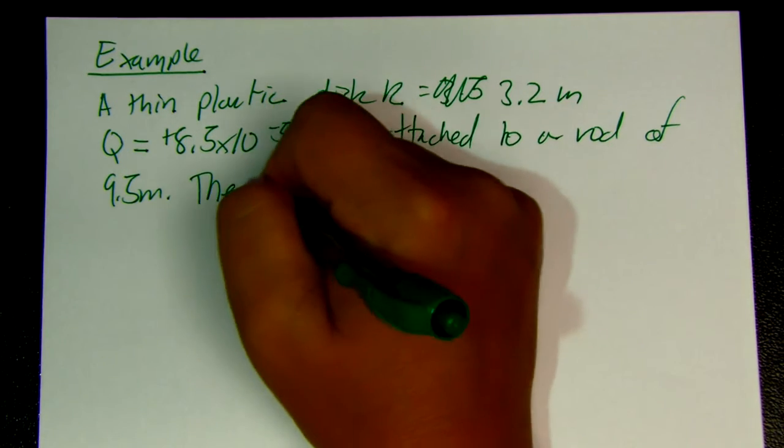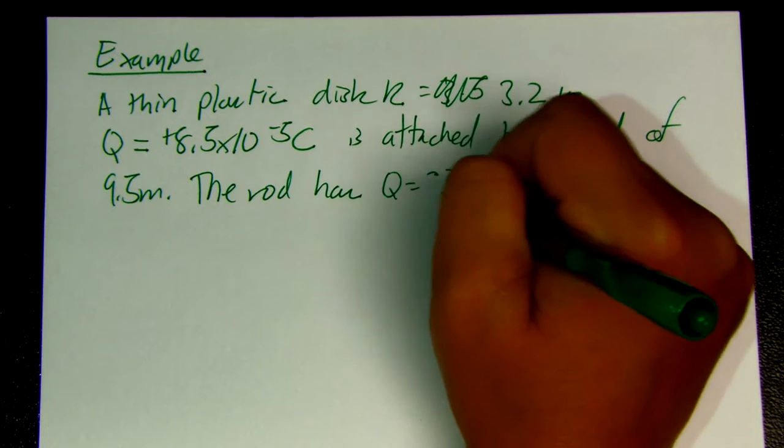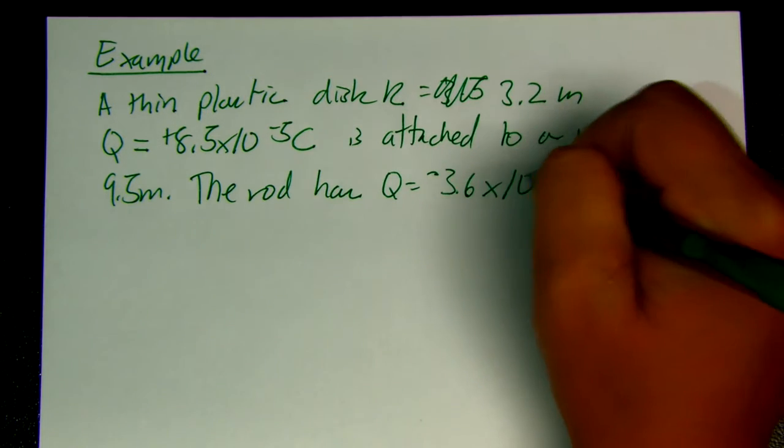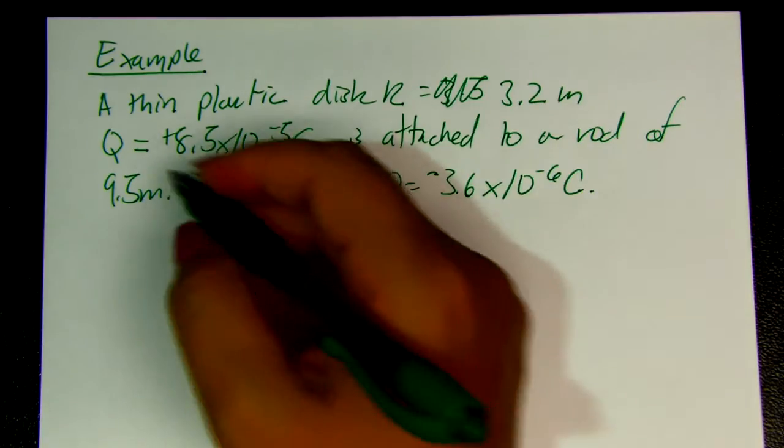The rod has a charge of minus 3.6 times 10 to the minus 6 coulombs, and the center of the disc and the rod are at the origin.